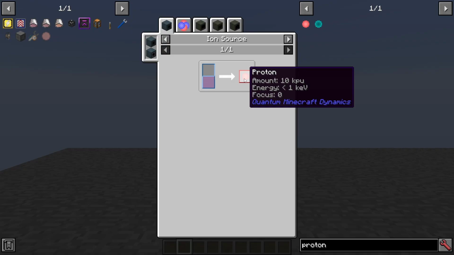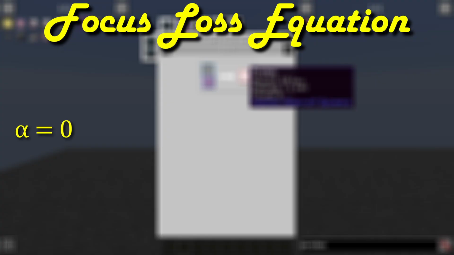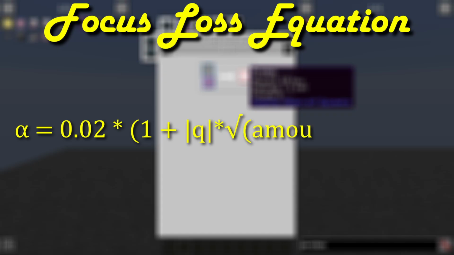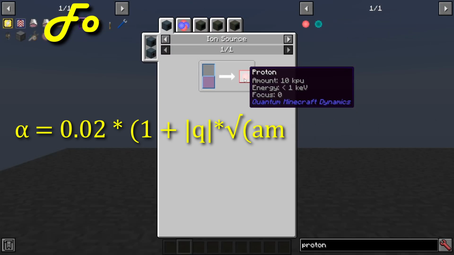And finally, the focus, which shows how tightly together particles in the beam are. As the beam travels down the beam line, it loses 0.02 times (1 plus the absolute charge times the square root of the amount divided by 10,000) focus per block.